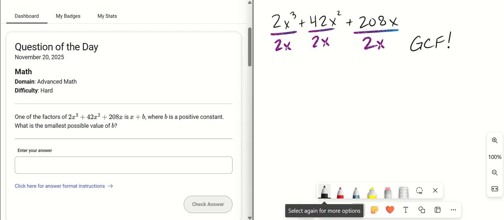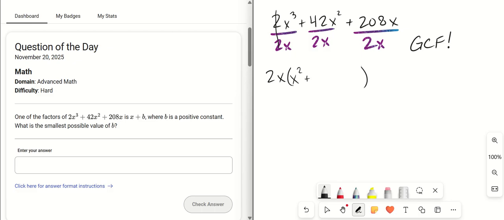All right, so we're going to divide all three terms by 2x. We're going to place that 2x out front, and inside the parentheses is whatever's remaining after we've taken out 2x from every single term. All right, so our first term, 2 divided by 2, that's going to cancel. X cubed divided by x is x squared.